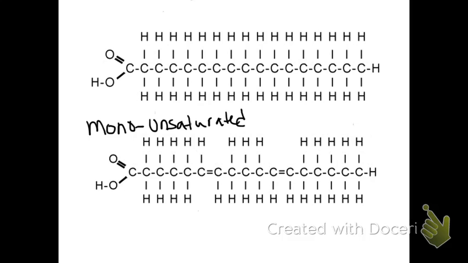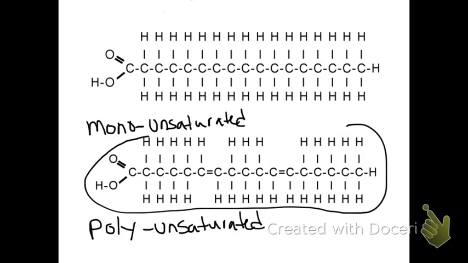If there's more than one, then we call it polyunsaturated. If you look at our unsaturated fatty acid right here, you will see that there are two double bonds. Therefore, we would call this a polyunsaturated fatty acid. And you need to know the difference between monounsaturated and polyunsaturated for the IB exam.